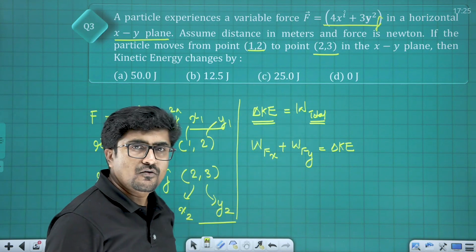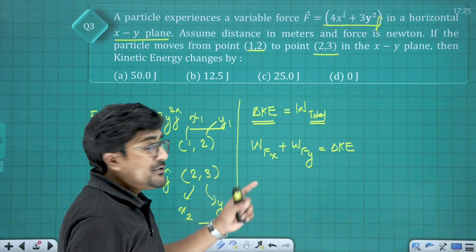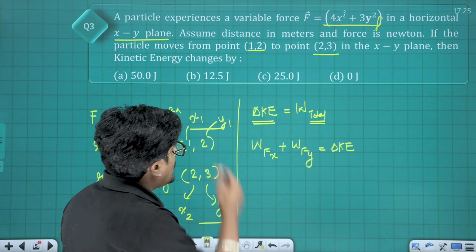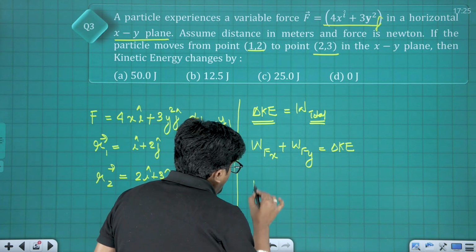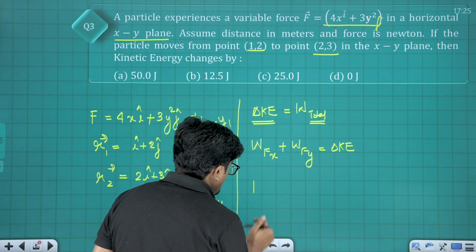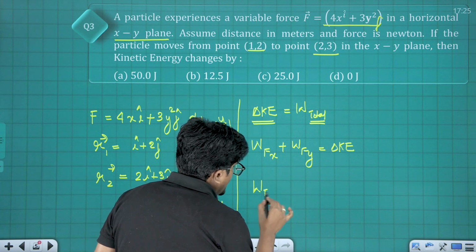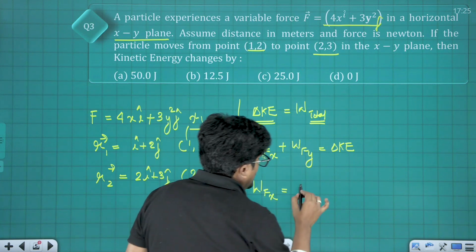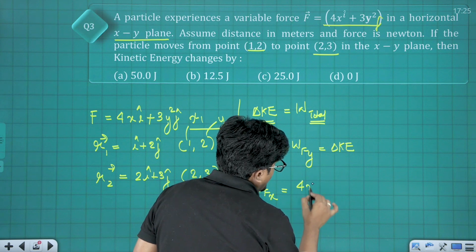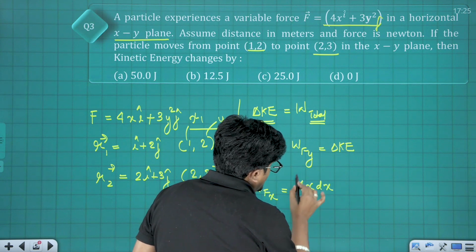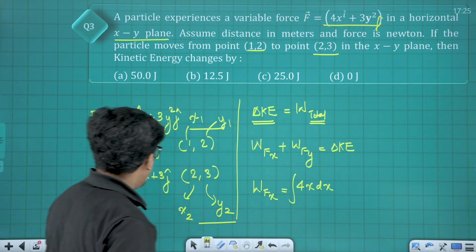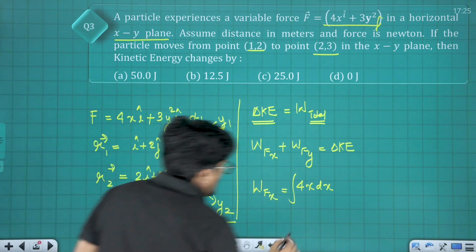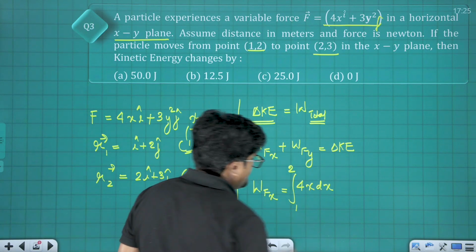Now let's consider the work done due to the force acting along the x-axis. The force is 4 times x, into dx, between the limits x1 to x2. x1 is 1 and x2 is 2, so the limits are 1 to 2.